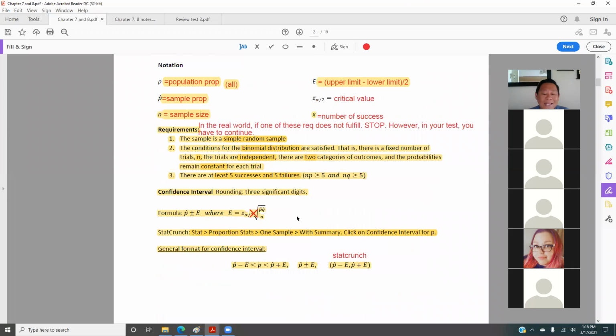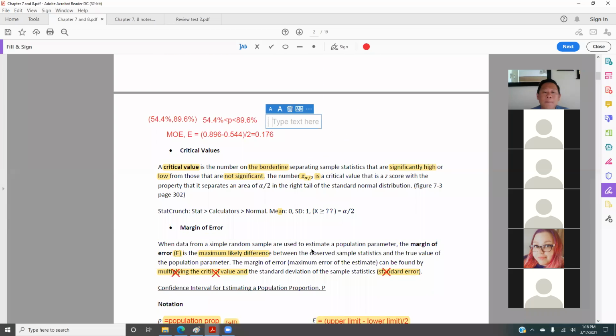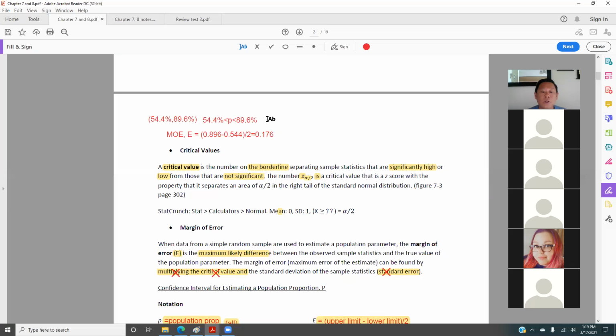Or you can write it this way, P hat plus minus E. P hat is your best point estimate, and by looking at StatCrunch, your p hat is 72%, 0.72. So you can also write this as 72% plus minus E, and E is the margin of error that you just calculated, which is 17.6%.